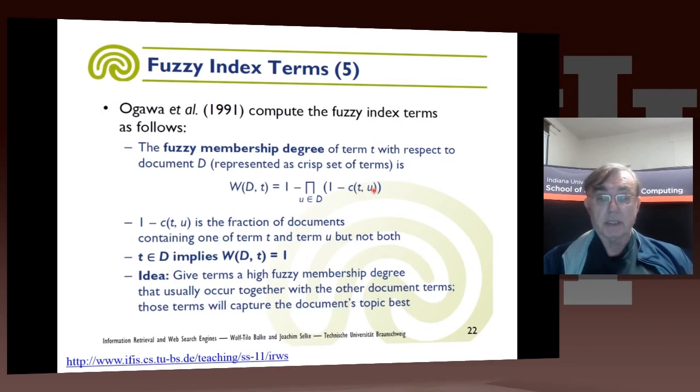And when we have things near 0 in this product, then we're going to subtract a modest amount from W. So W is 1 minus a set product of things. Whenever T and U are correlated, this 1 minus CTU is going to be near 0, and therefore this total product is going to be small.